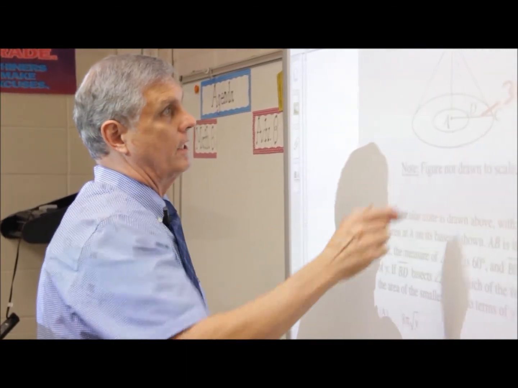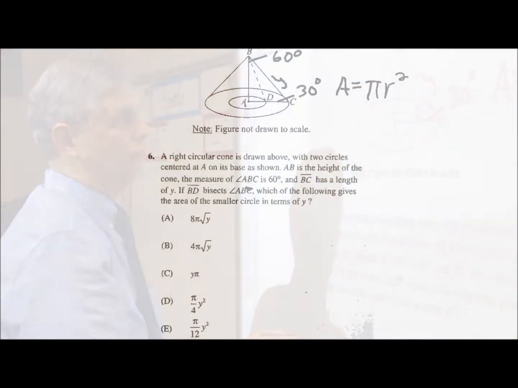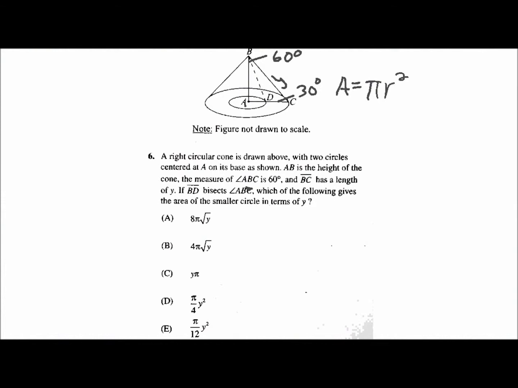So let's first look at what it means here. They told us that this side here is y. The hypotenuse is y. So if the hypotenuse is y, as I said a minute ago, the side opposite the 30 degrees, which was this side here, AB, has to be 1/2 of that. So we know this is y over 2. And let's also look at the fact that they've told us something else here. They've said this dotted line here is bisecting this angle, ABC. And bisects means cut in half.